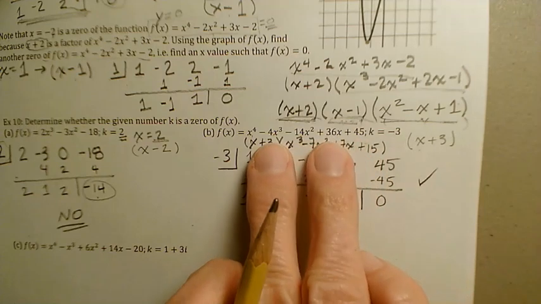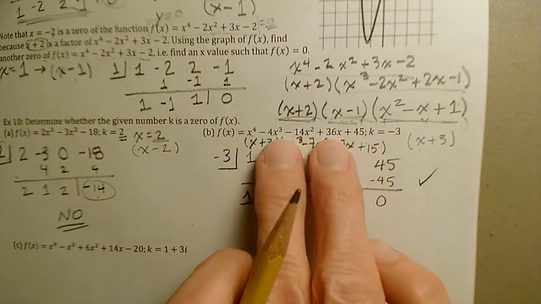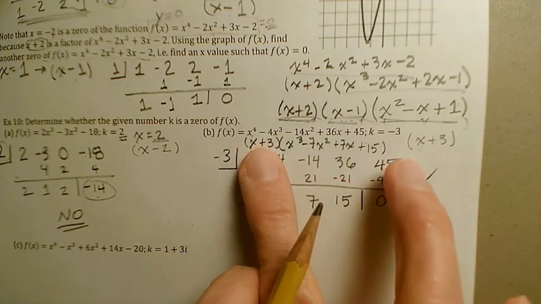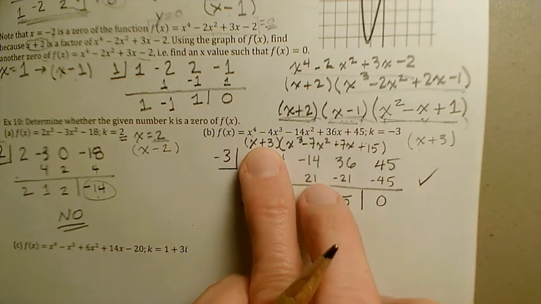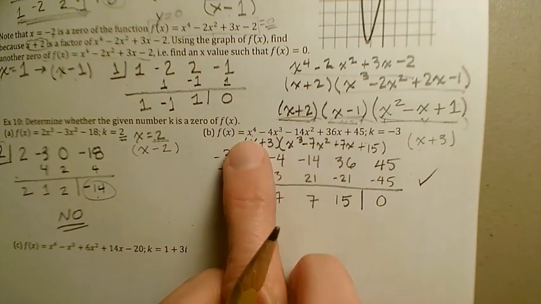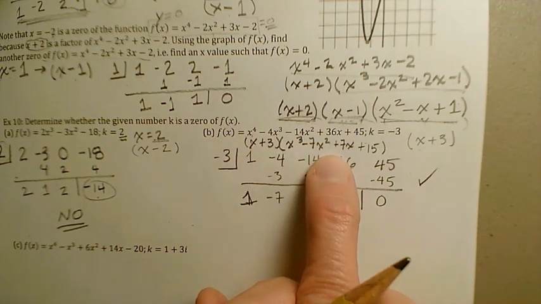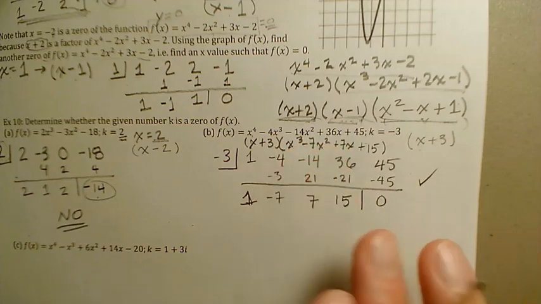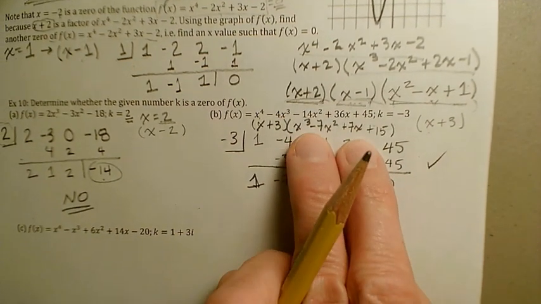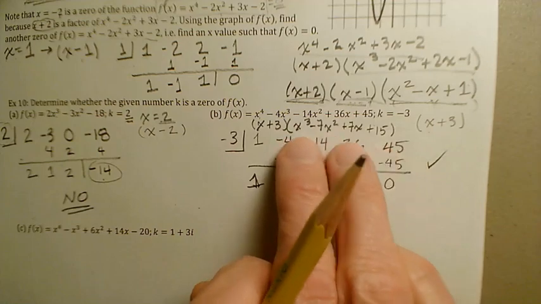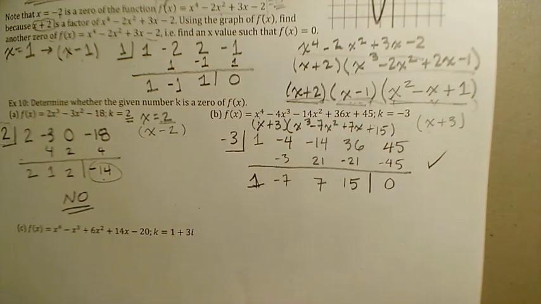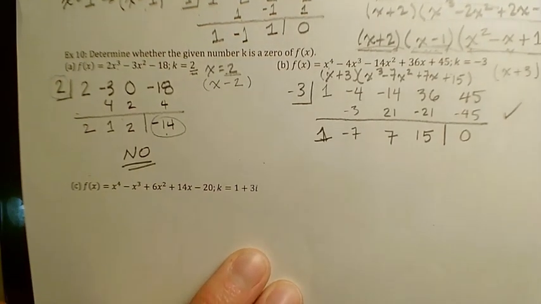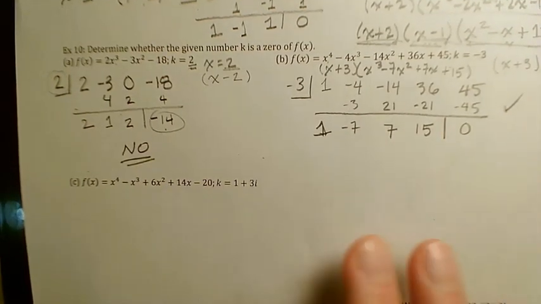That's not really what they're asking here, but since the remainder is 0, we know that what we were dividing by is a factor. So we could take that quartic and factor it. I don't think we could factor this any further, but if we looked for some more zeros, other things that gave us remainders of 0, we could possibly factor it further, and we'll see that in future sections. Okay.